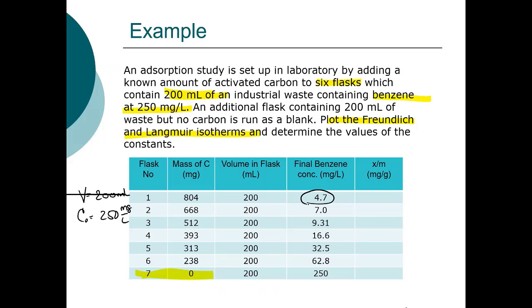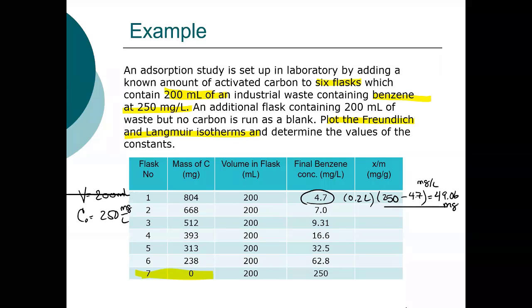So looking at the first flask, we have 0.2 liters times, we start with 250 milligrams per liter, minus 4.7 milligrams per liter, and that is 49.06 milligrams that has sorbed.